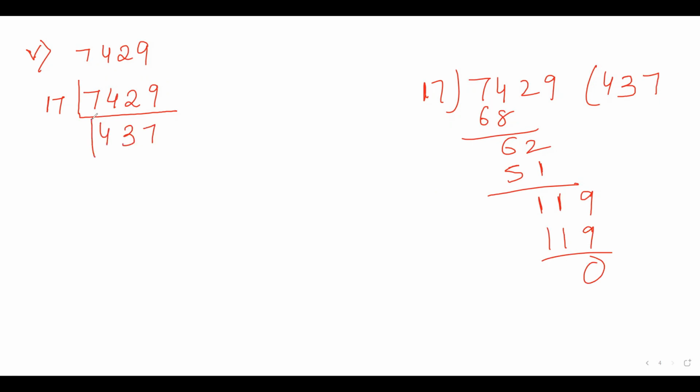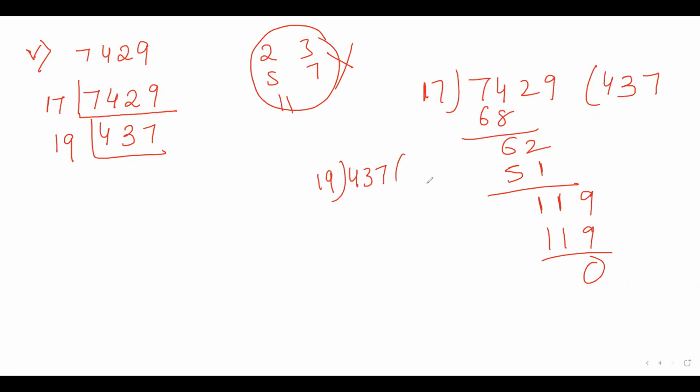I already told 2, 3, 5, 7, 11 are not factors of this number. So these prime numbers will not come in the factorization. After 17, better to try with 19. 19 twos are 38. 19 threes are 57.